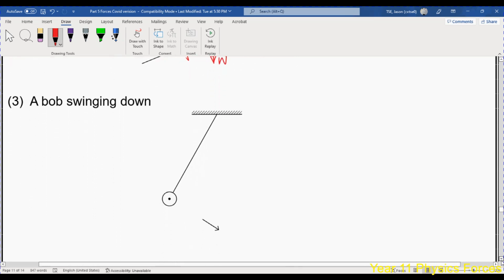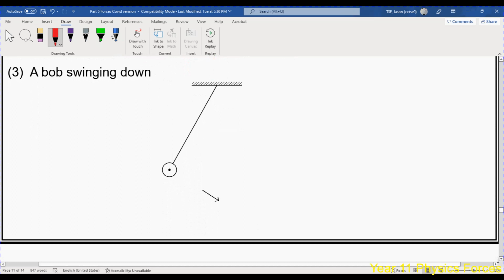Good. And for that one, a bob swinging down: weight, no normal reaction, but there's tension. Any other forces? You might add, if you want, a little bit of air resistance here, but normally you can ignore that.